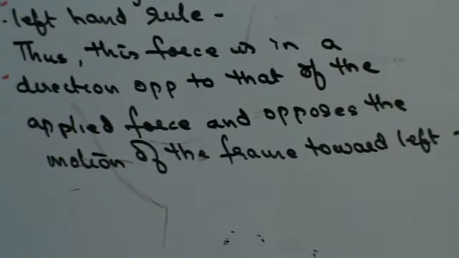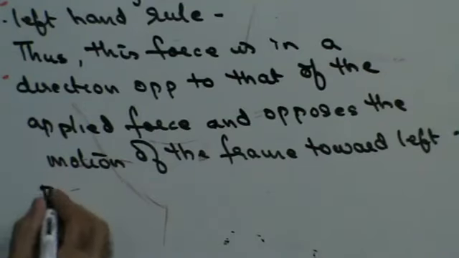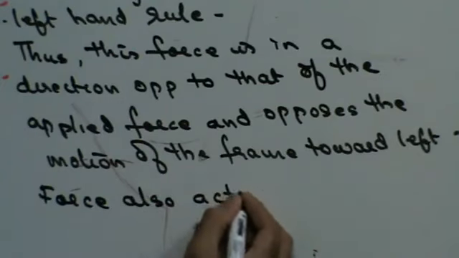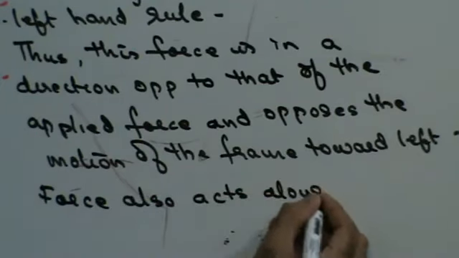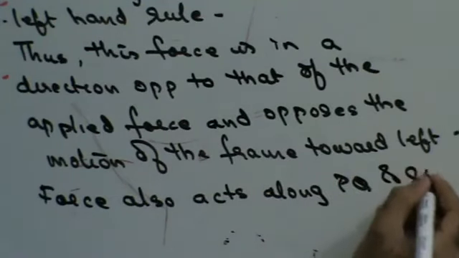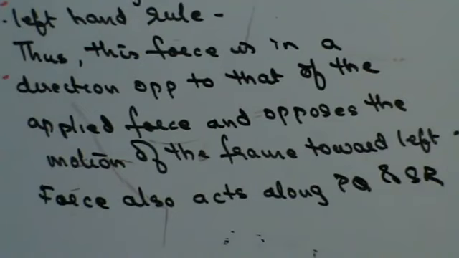Now the force also acts along PQ and SR, but they are equal in magnitude and opposite in direction, and by Fleming's left hand rule they cancel each other.